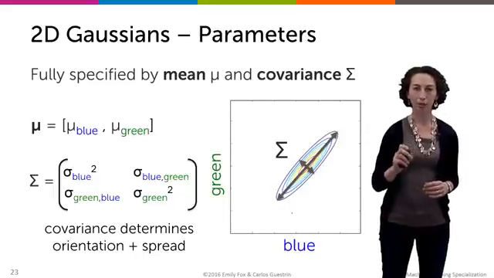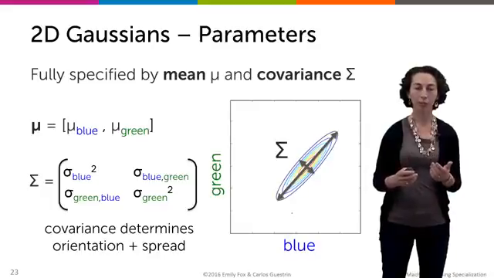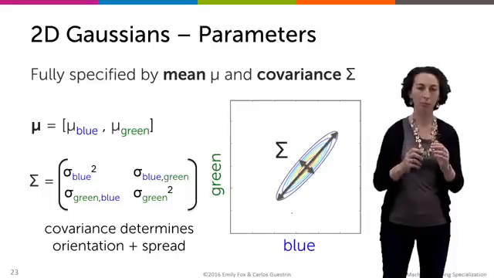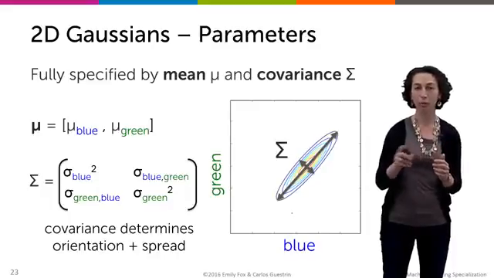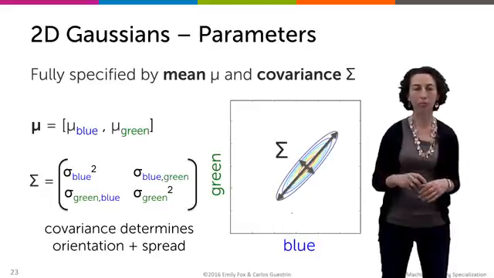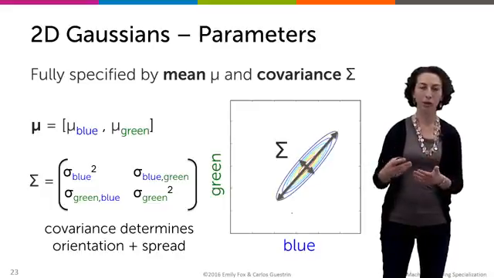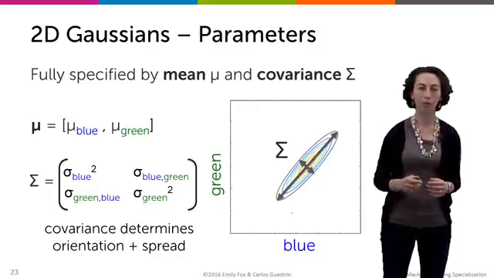Along the diagonal of this covariance matrix, we have the variance terms for each of the dimensions. So in the top left-hand corner, we see sigma blue squared, that's the variance along just the blue intensity direction or dimension of the observation vector. And likewise for sigma green squared, that's the variance just along that one dimension.